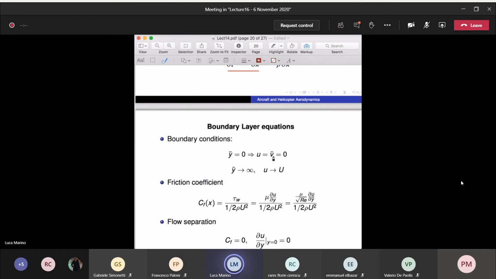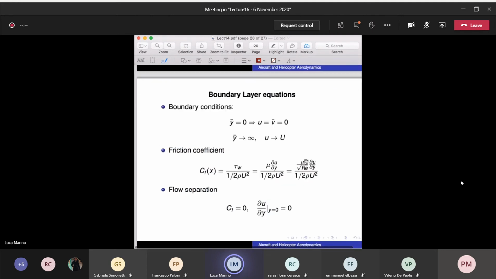But for V, this is not true. Even if the flow outside the boundary layer is parallel, so the external value of V is 0, we do not have this in the boundary conditions, because we cannot impose to the equation that V far from the body is asymptotically equal to 0. So this is important. So these are the conditions in Y.